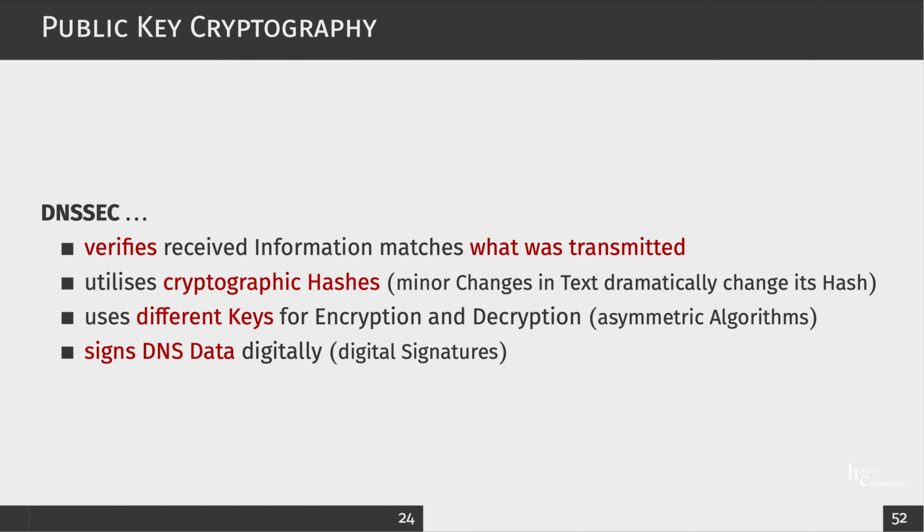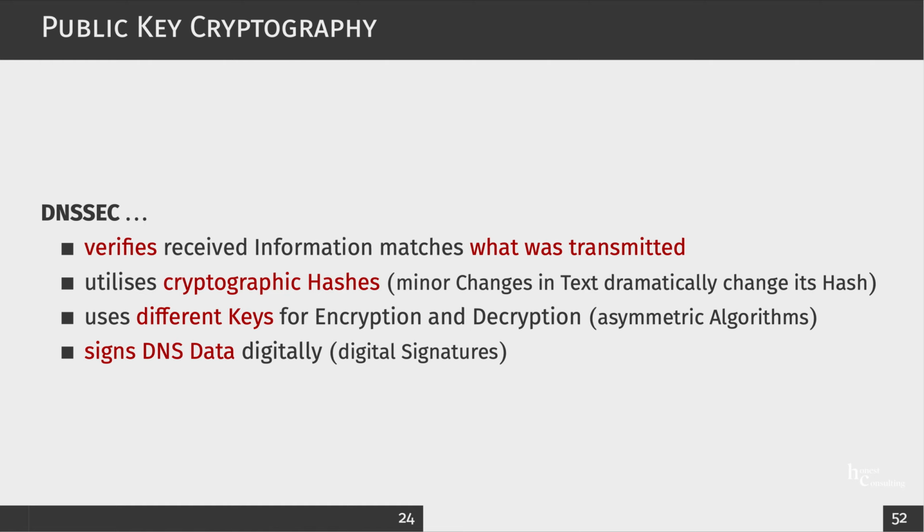Because we are using asymmetric cryptography, the cryptography is based on public key mechanisms. So what DNSSEC is doing in this scenario, it verifies that whatever information an authoritative system provided wasn't modified on its path to the recursive system, and that it was the actual authoritative system that was providing this information firsthand.